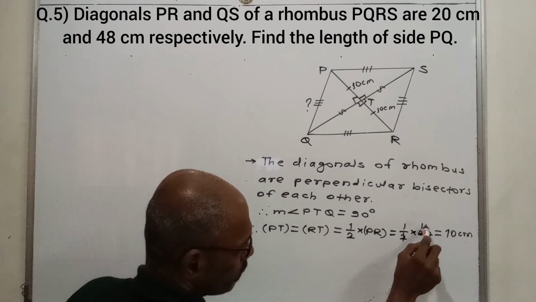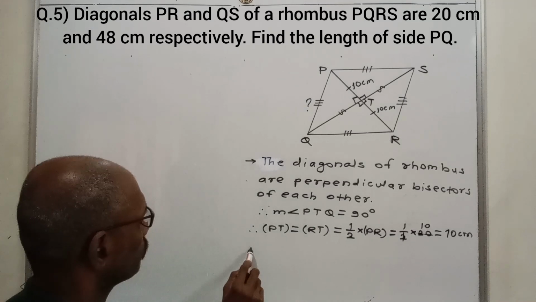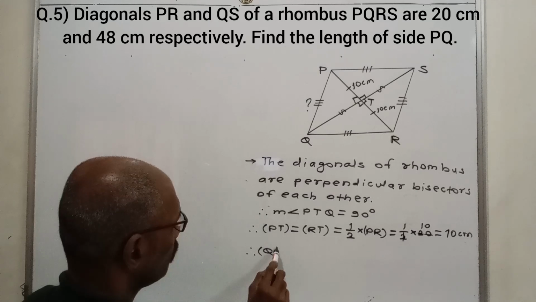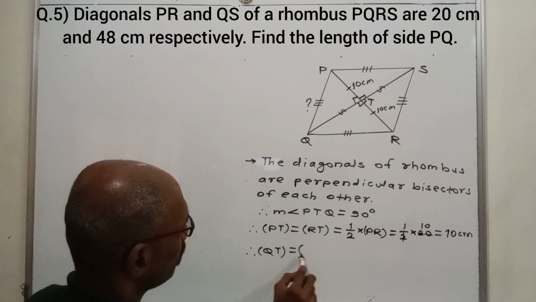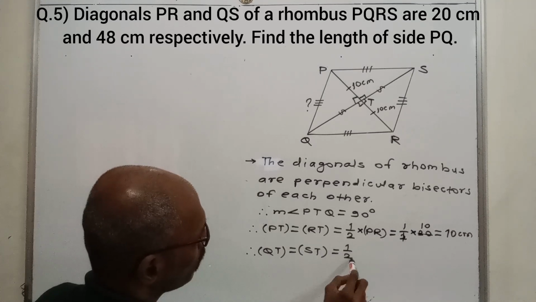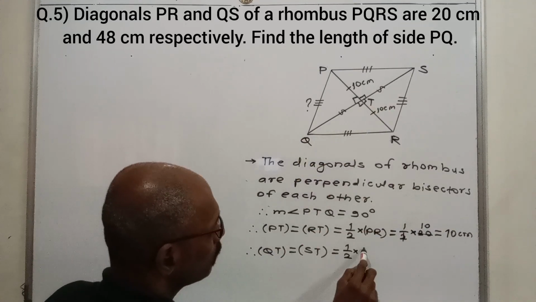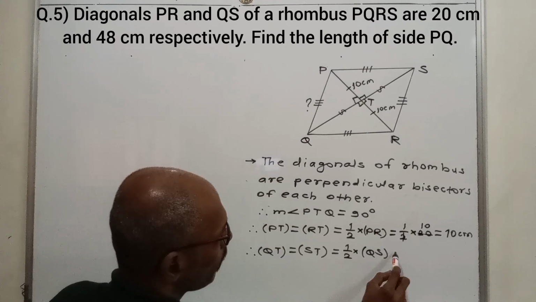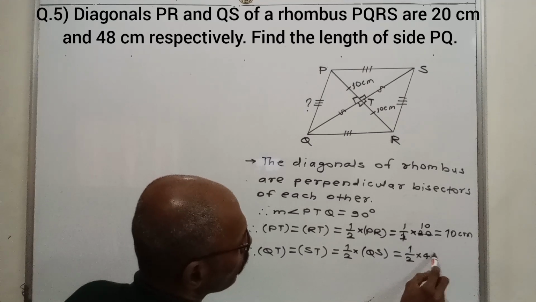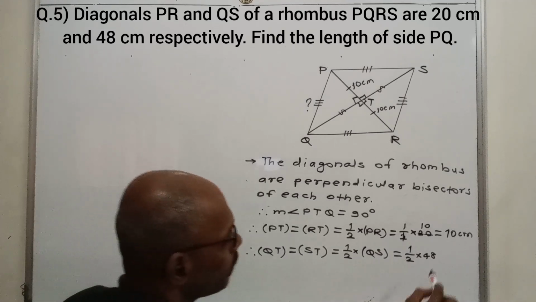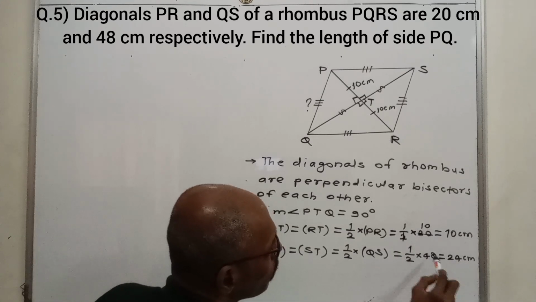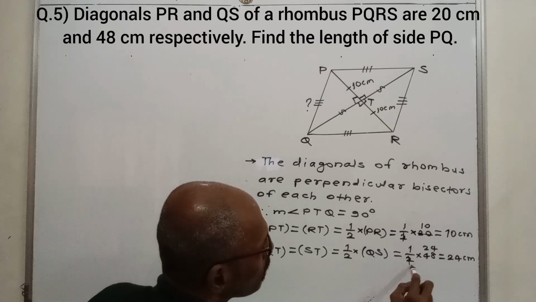And QT is equal to ST, half of QS is equal to 1 upon 2 into 48 centimeter is equal to 24 centimeter.